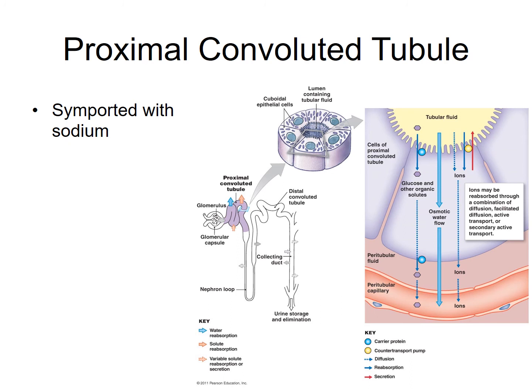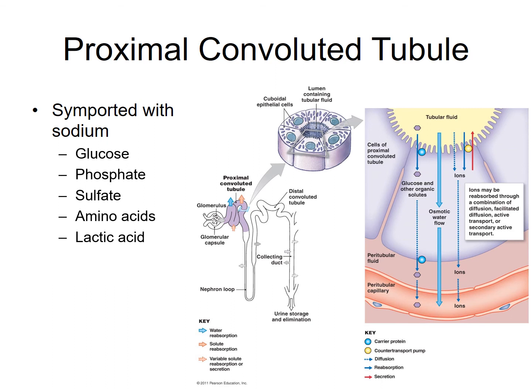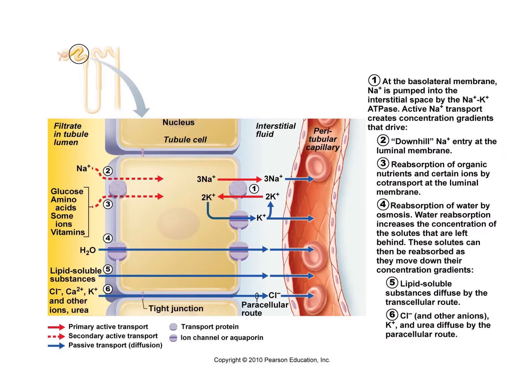What are the things that usually get symported back in with sodium? Remember that you've got these substances coming in along with sodium because of that lower concentration of sodium in the tubule cells. You're going to see glucose, phosphate, sulfate, amino acids, lactic acid, some vitamins. These things will be symported in with sodium. Going back to our prior slide, let me just remind you that this symport happens along with sodium.